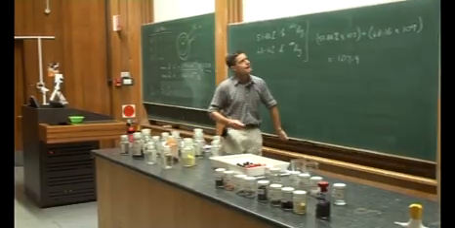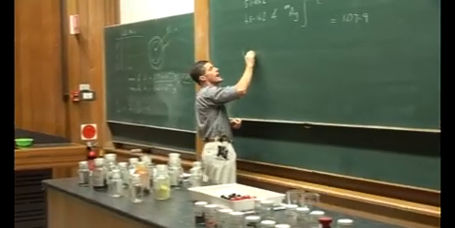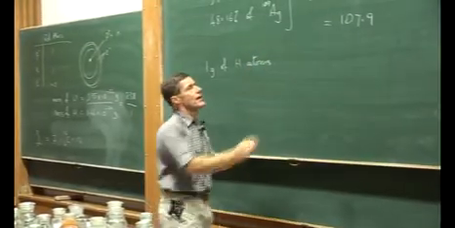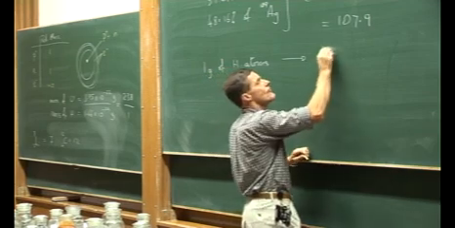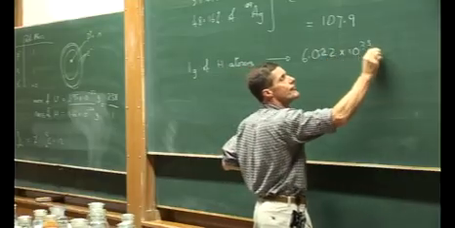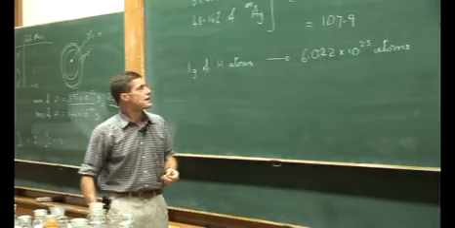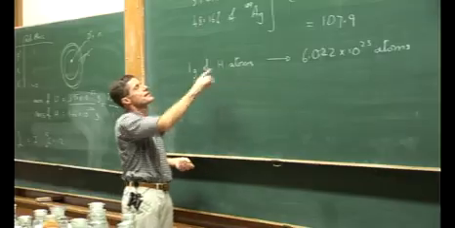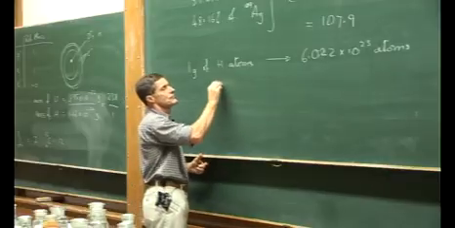If I take 1 gram of hydrogen atoms, that then contains the Avogadro number of atoms. However, that's not the natural form of hydrogen that we have around us. Hydrogen occurs as a diatomic molecule.